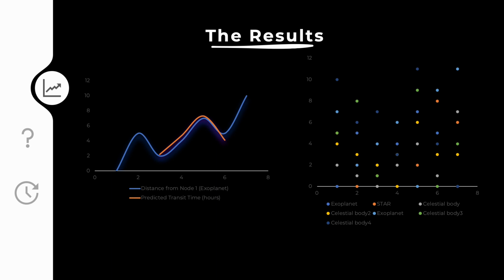My modified algorithm was not only able to accurately predict the dynamic transit times, but also successfully determine the shortest paths between these moving celestial bodies. Our algorithm could navigate the complexities of our changing cosmic maze, much like aliens would need to do when they chart a course through the stars.